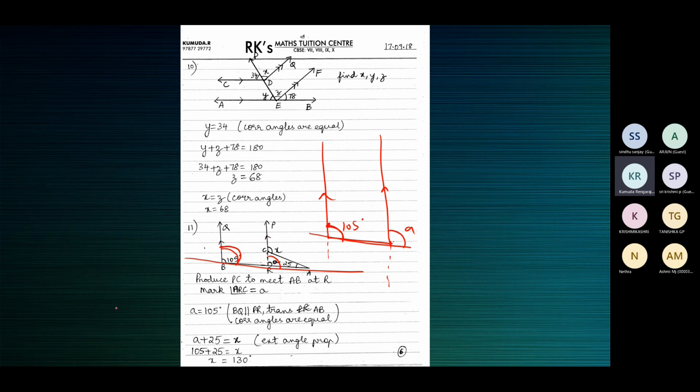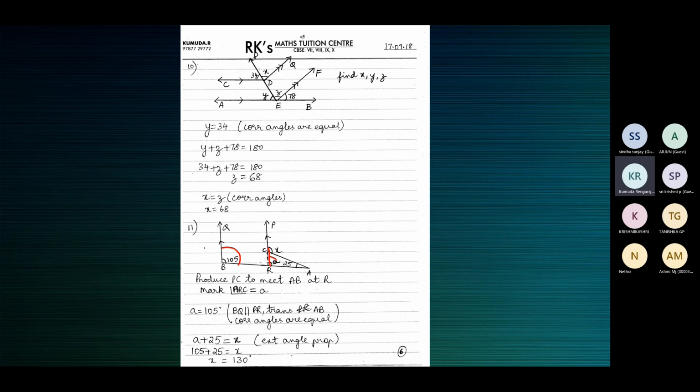All these angles, alternate, corresponding, allied angles, will have the parallel line as one arm and the transversal as the other arm. So parallel line, transversal, 105.